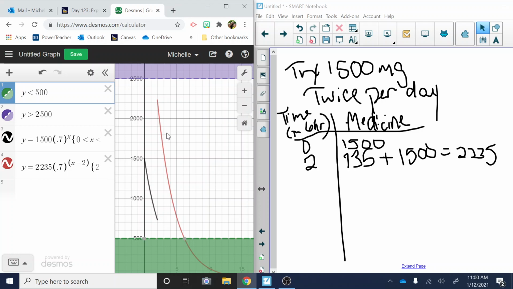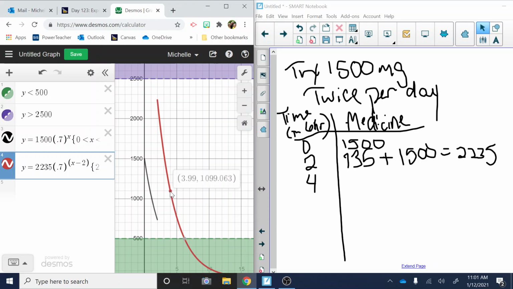So let's see. The next dose, according to my current hypothesis, that I'm going to dose 1,500 milligrams twice a day, would happen when 4 time frames have passed, because that would be another 12 hours. Where would we be at? If I look at the red curve here, 4 would happen about here.